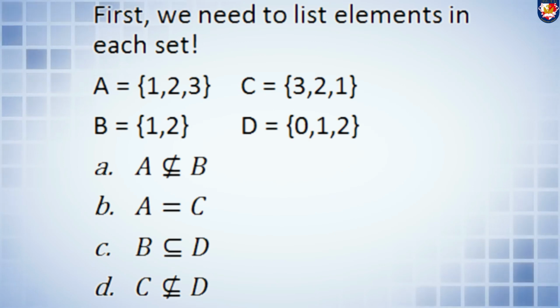Next is between set B and set D. B is 1 and 2, and D is 0, 1 and 2, which means every element in B is an element in D, but they are not exactly the same, because D has a 0 but B does not. So B is inside D, which means B is a subset of D. The last one is between set C and set D. Set C is 3, 2, and 1, and set D is 0, 1, and 2.